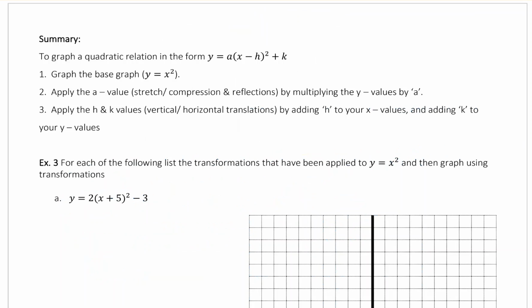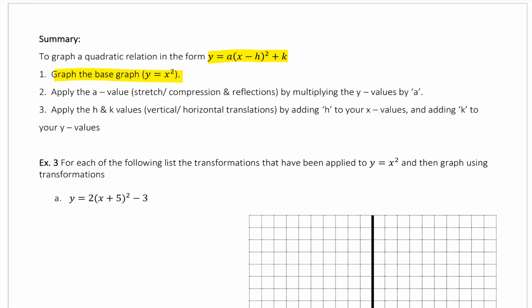So let's take a second to summarize. To graph a quadratic relation in the form y equals a(x minus h) squared plus k, remembering that is our vertex form, you're always going to graph the base. We've started with that every time. Apply the a value, and there is a reason I've listed this somewhere.